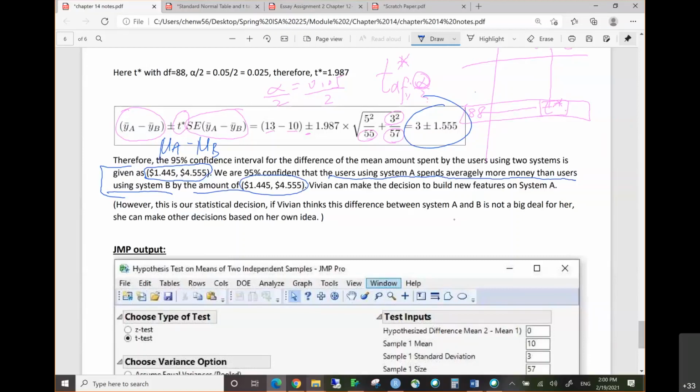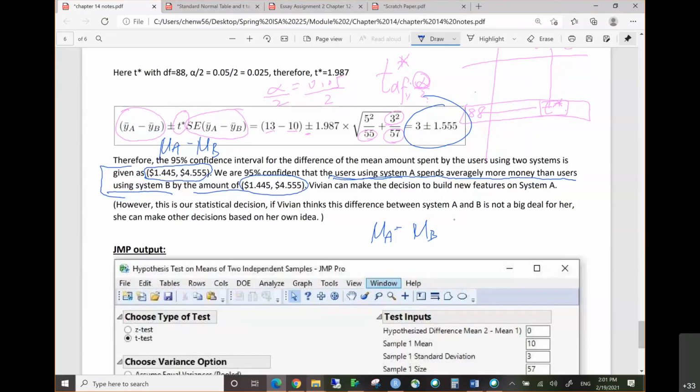In your data analysis 1, if you look at the rubric for the confidence interval interpretation part, you will see that you need to define the variable. What does that mean? Normally, if I don't know anything about the meaning of mu of A and mu of B, I can say that we are 95% confident that mu of A is larger than mu of B by this amount.